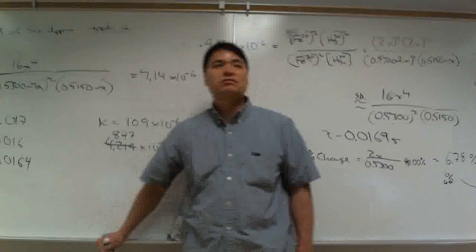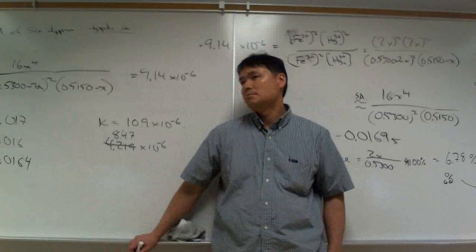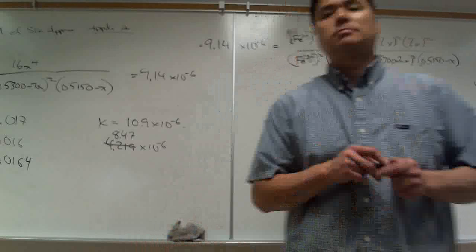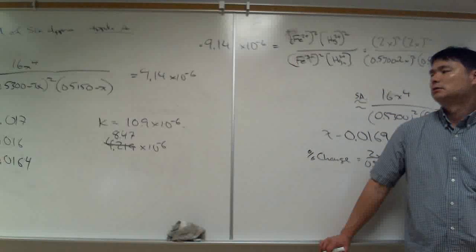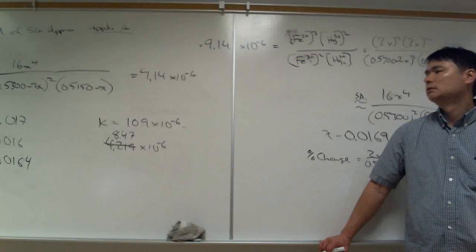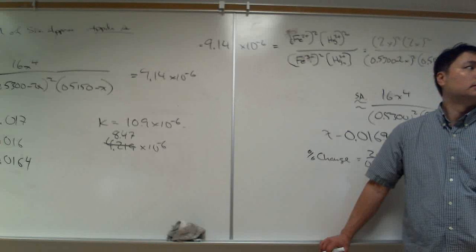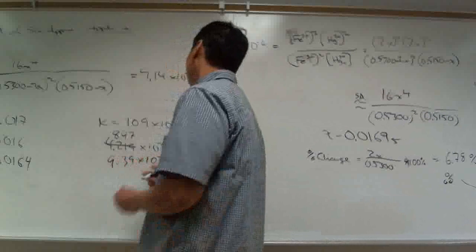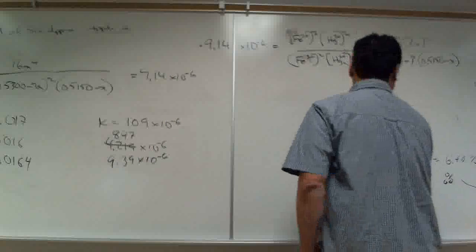How about 0.0164? 9.39 times 10 to the minus 6. We're getting closer. Let's go with 0.0163.